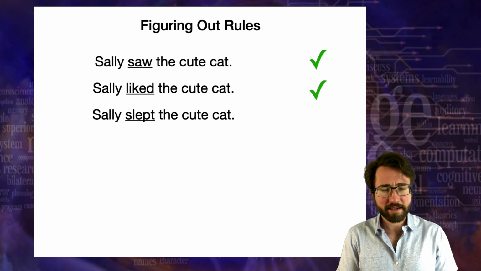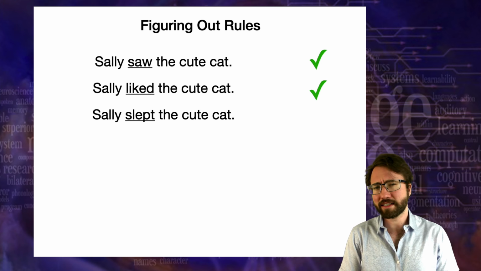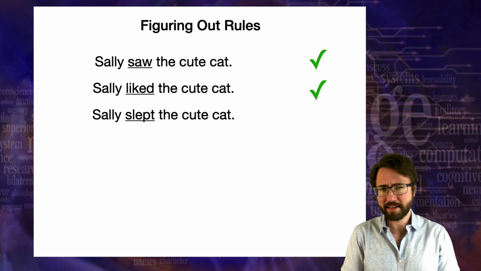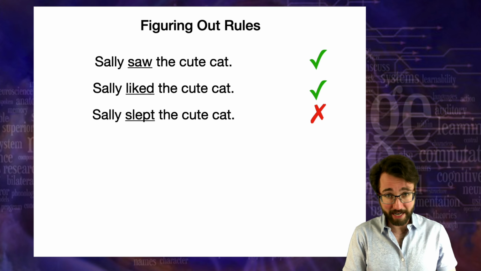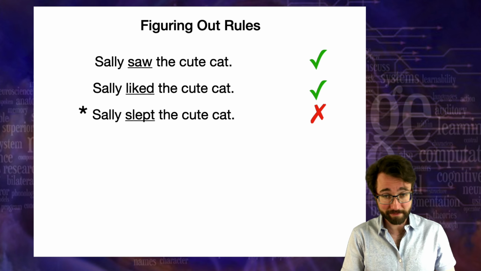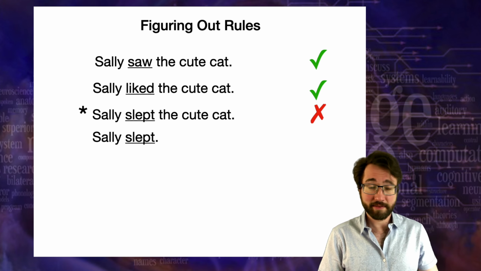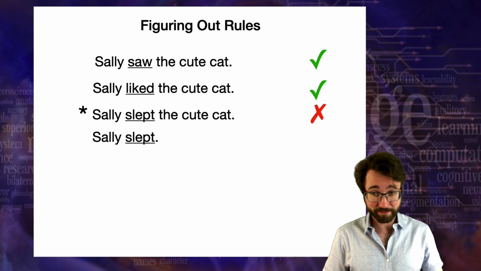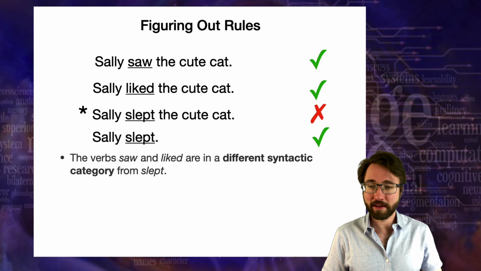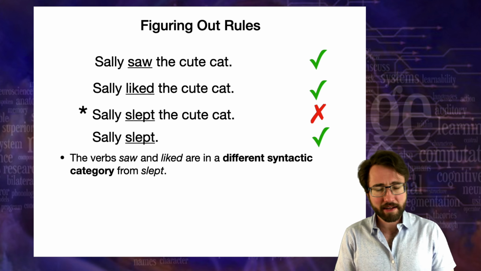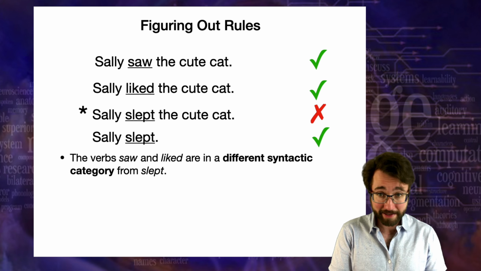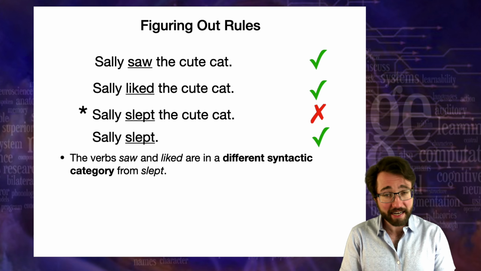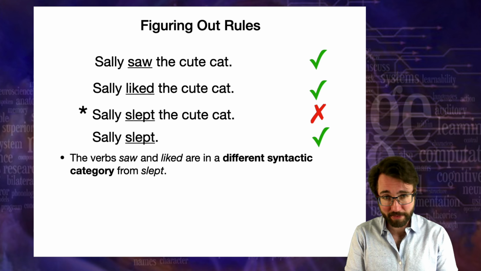How about this? Sally slept the cute cat. Does this work? Does this make any sense? No, this is just ungrammatical, so it gets the star. How about this? Sally slept. That's okay. It's grammatical. So what we've seen here is that verbs like saw and liked are actually in a different syntactic category from verbs like slept.